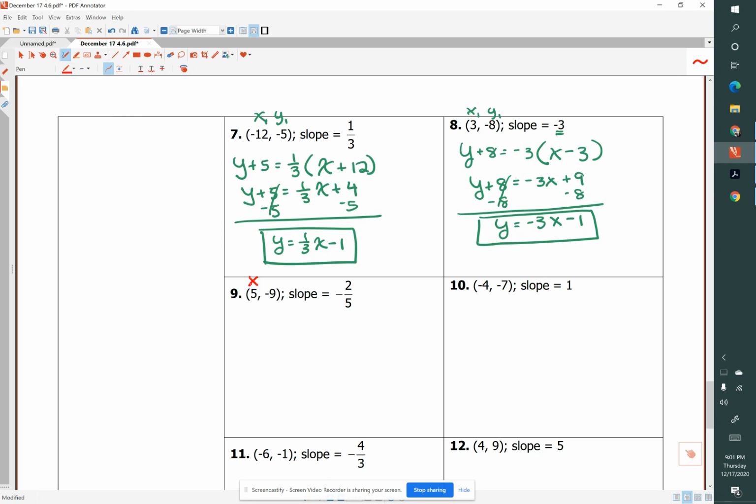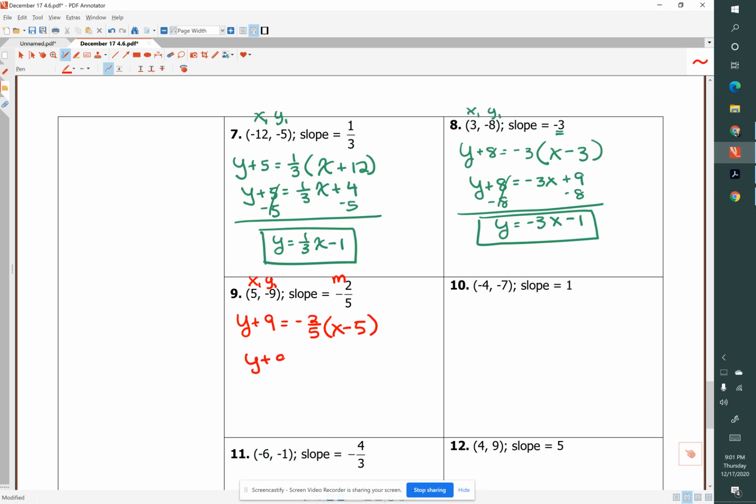Here's our x sub 1, y sub 1, and our m of negative 2/5. So y minus negative 9 is y plus 9 equals negative 2/5 times the quantity x minus 5. And we'll distribute the 2/5.